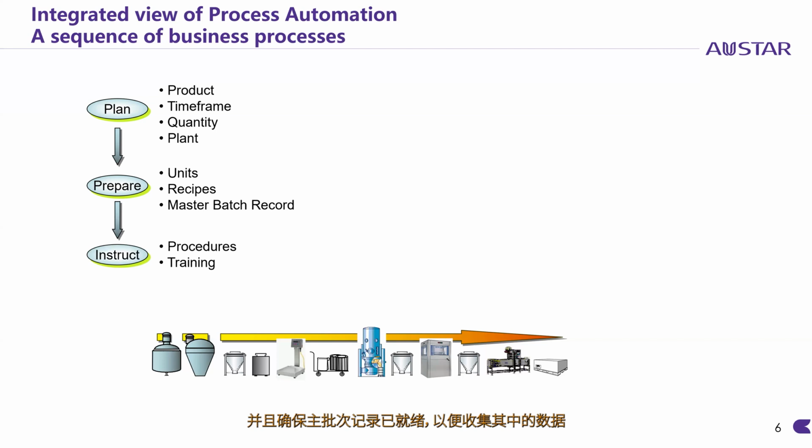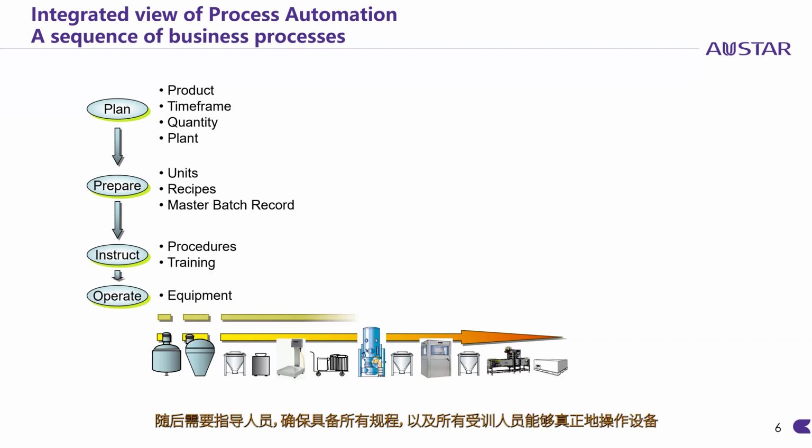Then we would have to instruct the personnel and make sure we have all the procedures and trained people to actually operate the plant. When they really operate the plant, all values, checks, events are recorded during this time.